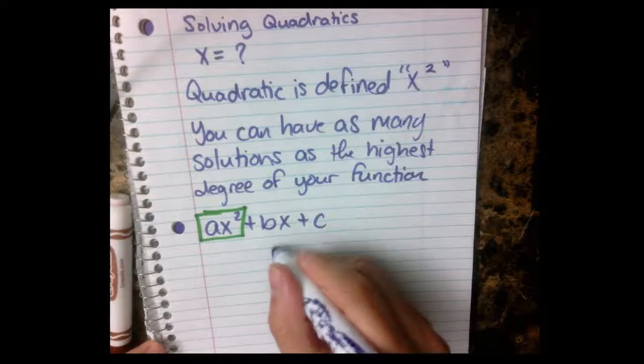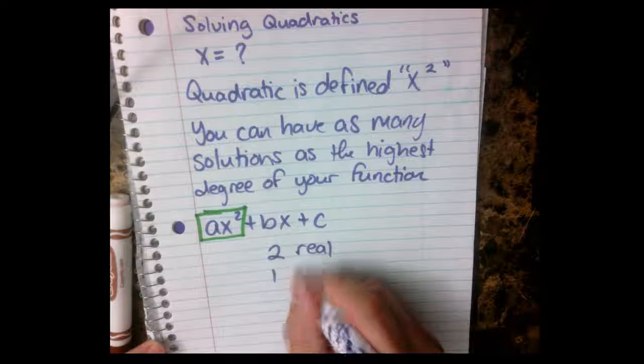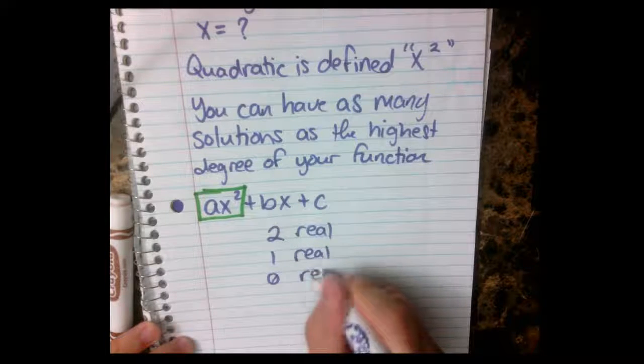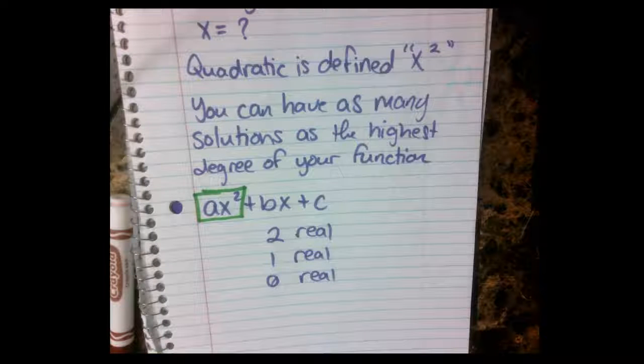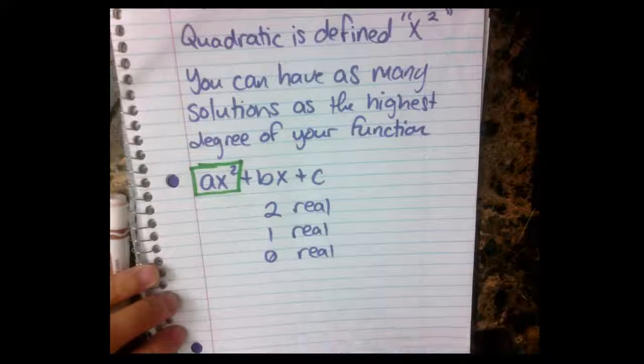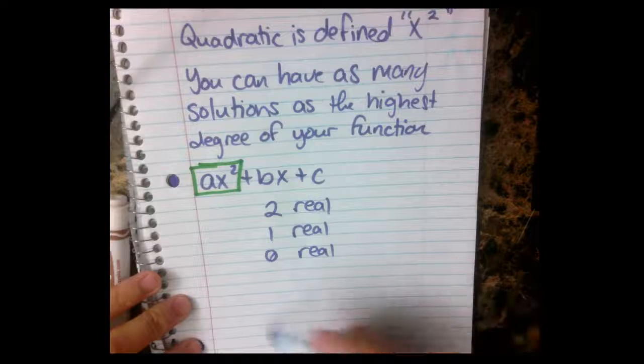So you can have either 2 real solutions, 1 real solution, or 0 real solutions. All of these are very possible, and we may end up with different answers. Actually, let me go ahead and do all 3 of these, that way you have an example of what I mean by real and non-real solutions. They're not fake, they're just called non-real.